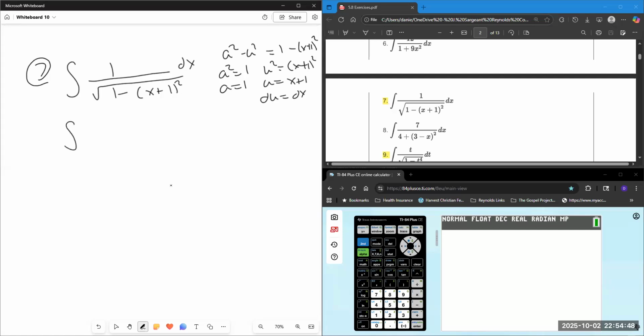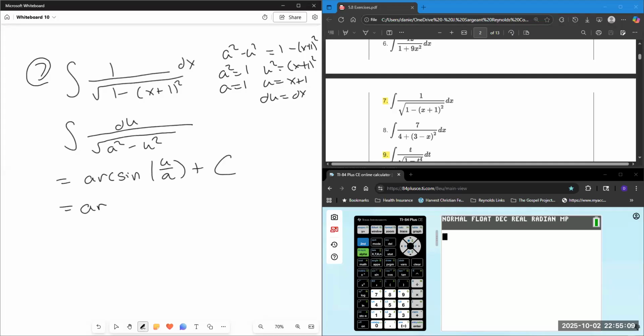So this is going to be integral of du over root a squared minus u squared, which is equal to arc sine of u over a plus c. So that's going to be arc sine of x plus 1 over 1, which is x plus 1, plus c.